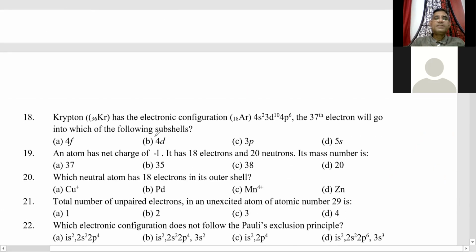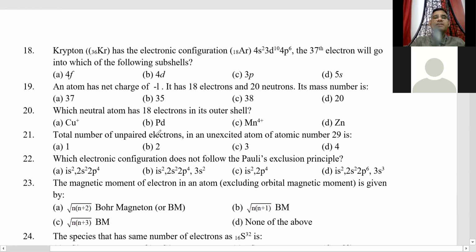Now see, these types of questions they may ask us in the entrance exam. Question number 18: krypton, 36.